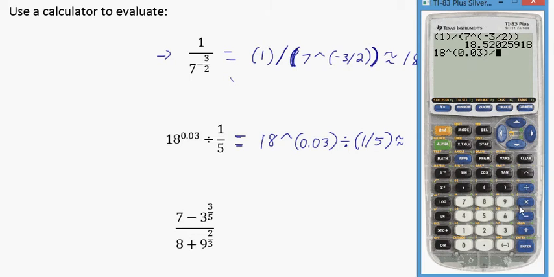Alright, now divide by open parentheses 1 divided by 5 close parentheses. Okay, and that number is approximately 5.453 if we round to 3 decimal places.